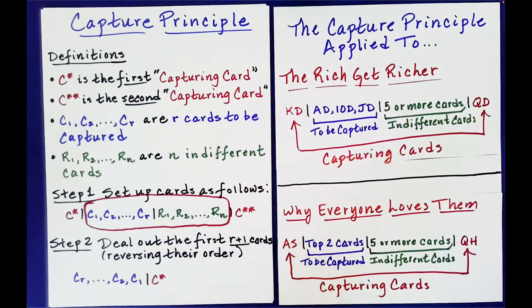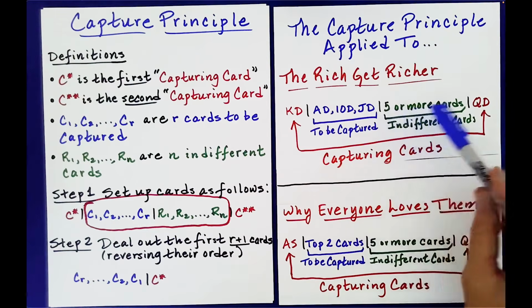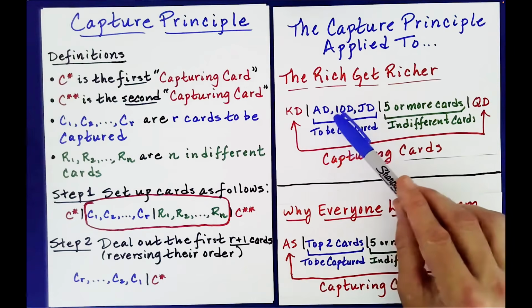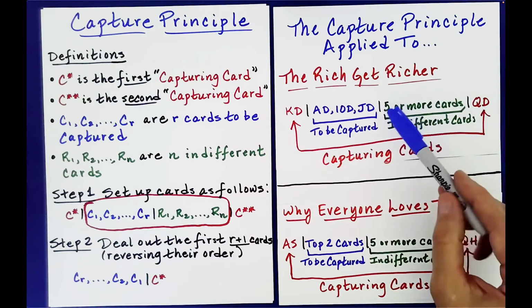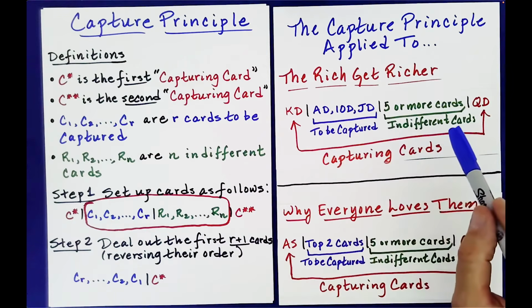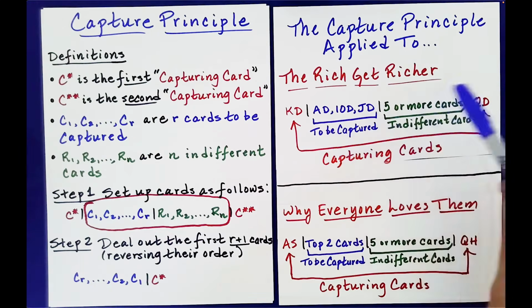Okay, here I'm just making clear that these, quote, indifferent cards, the number of cards beyond the cards to be captured, which for this one is 3, we need at least 5 or more for all of this to work, which isn't too hard to do. The spectator is going to have you deal out quite a few cards.